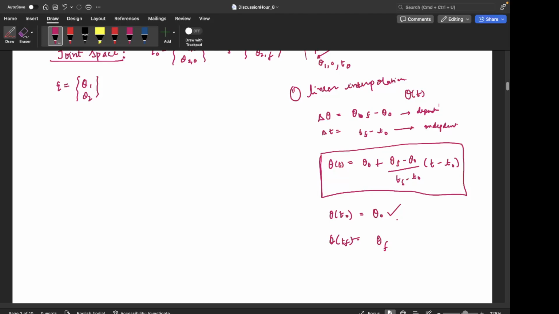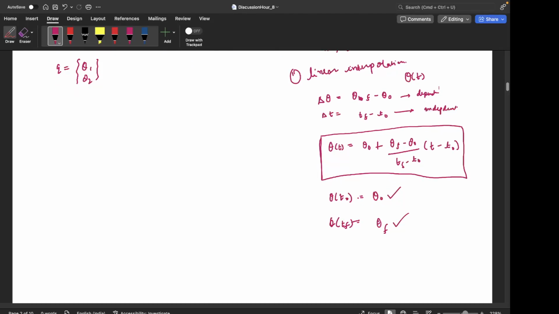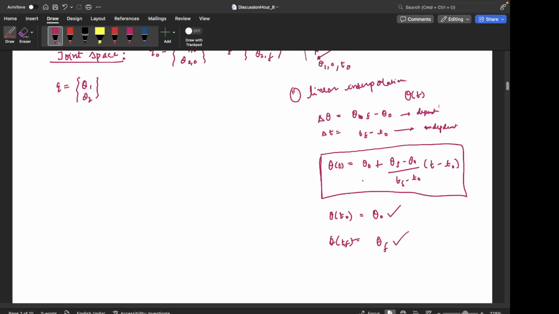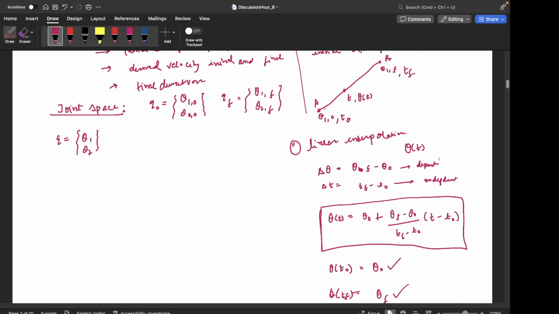So this checks out. In joint space, this is a straight line between theta 0 and theta f.